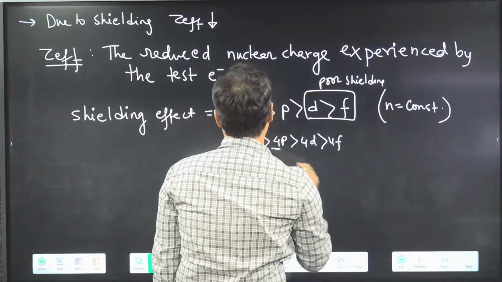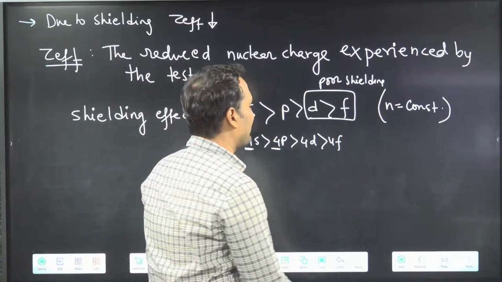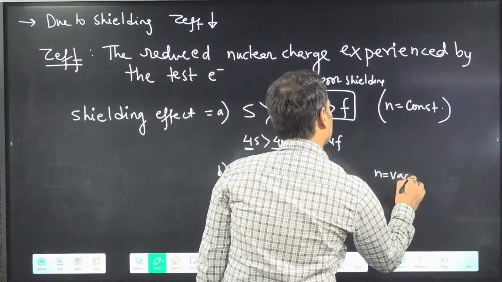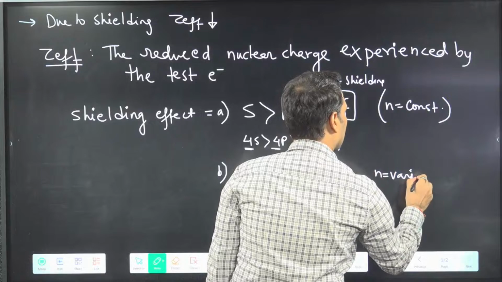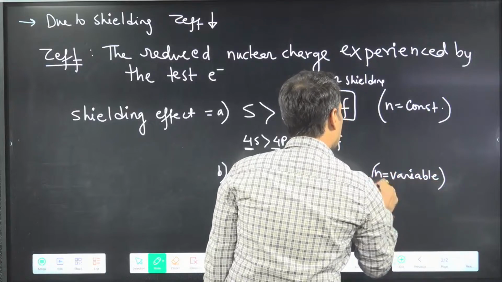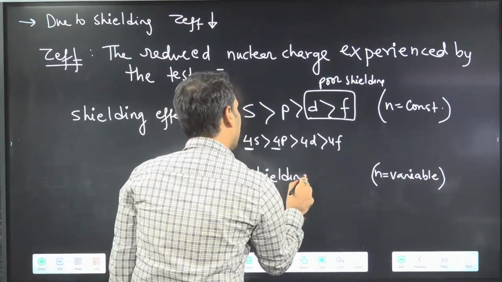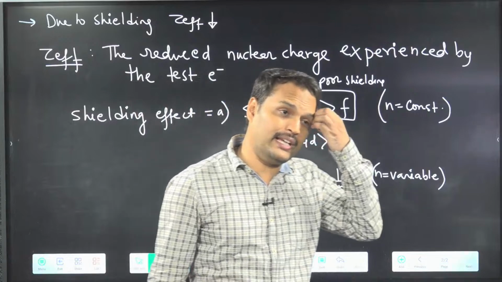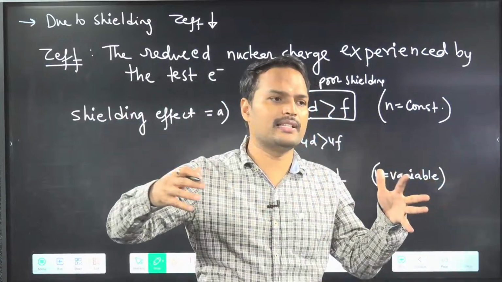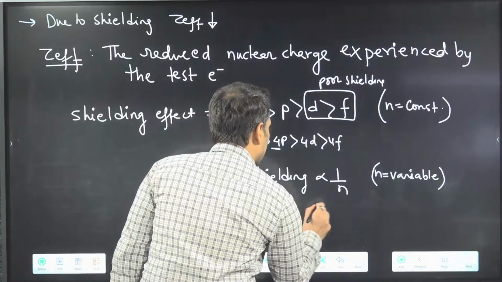One more point is there. Suppose n is variable. This is the second point. If n is variable, then shielding is inversely proportional to n. As orbit increases, size of orbital increases. Suppose you have 2s and 4s.